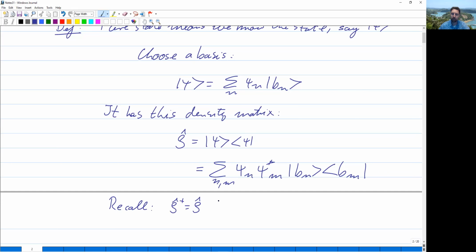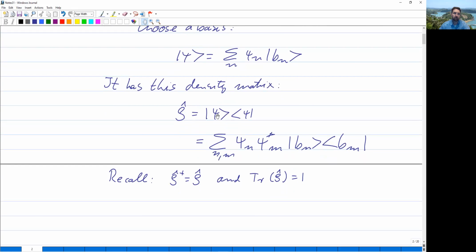This is a self-adjoint operator, the density operator. And we have that the trace of rho hat is equal to 1. All of that is quite obvious. You can just choose psi to be a basis vector, and then clearly the trace is just 1, because rho in its eigenbasis is simply the diagonal matrix, which has only one non-zero element on the diagonal, and that element is 1.